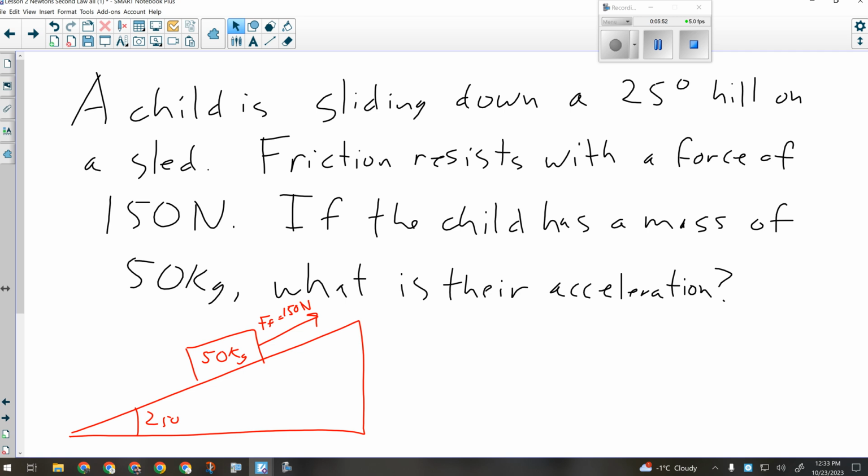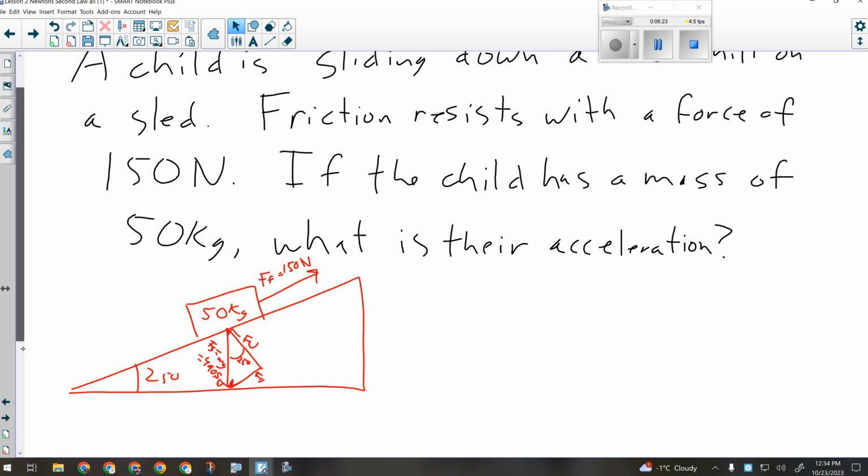Okay, what's this force? That's gravity. Calculate that by going m times g, which is going to be 490.5 newtons. Mass times gravity, 50 times 9.81. This force here is normal force, which I won't need for this question. This one here is F parallel, which I will need, and that angle is 25 degrees.